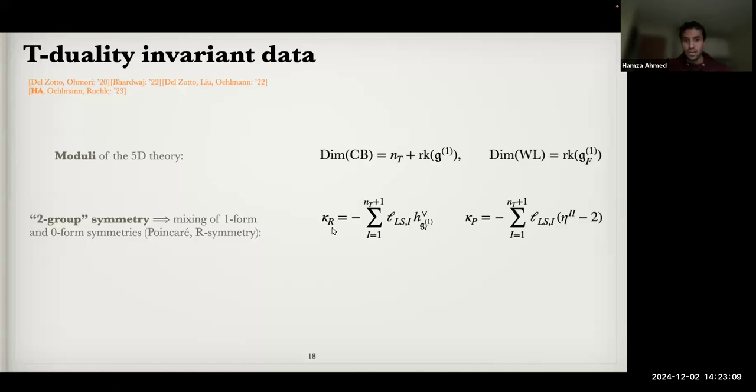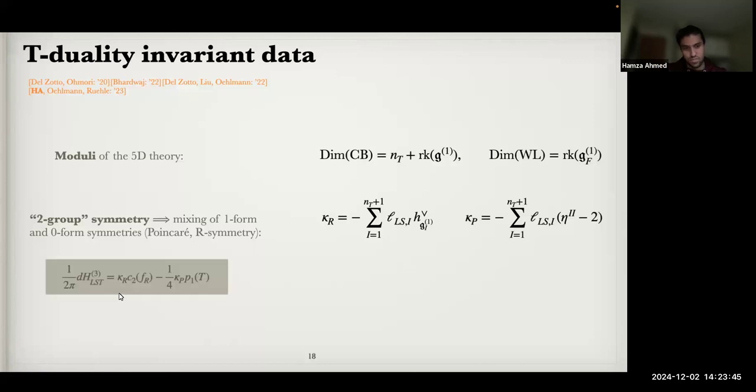But the important point is that we expect these to match. And the reason is the following. These two-group structure constants are also certain mixed anomalies in your 6D theory. So based on just anomaly matching, you expect any class of dual theories to have these two coefficients match. And this is why we think, though it's not proven, of course, that these quantities should be an invariant for dual LSTs.